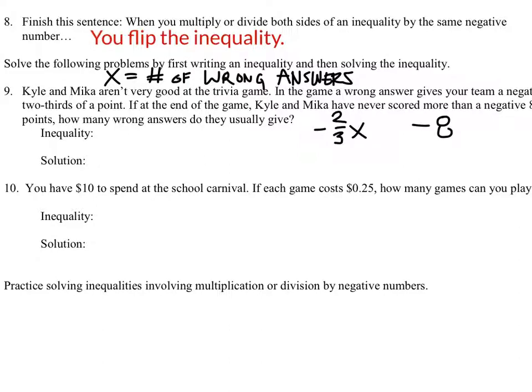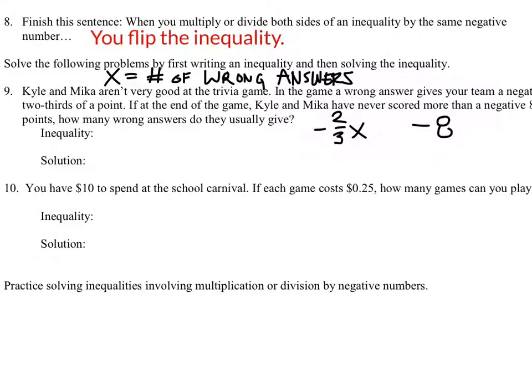Now, since they've never scored more than negative 8 points, that's the most they've ever scored. Would the inequality be eating the negative 8 or the negative 2/3 x? Maybe.